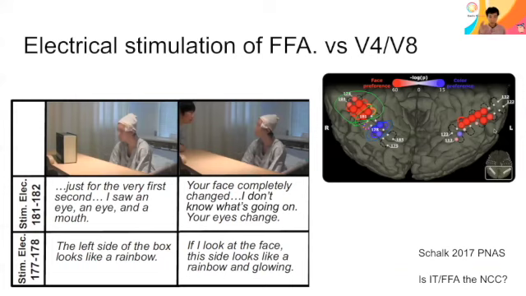So the fact that there are responses there doesn't necessarily mean that when they are stimulated, it also generates a percept related to that particular response. It is the right hemisphere face area that seems to generate face perception.